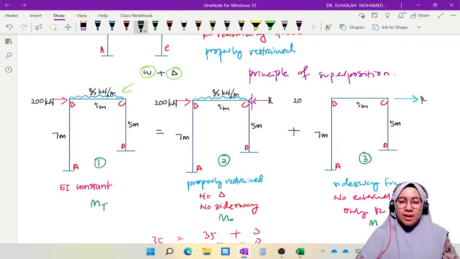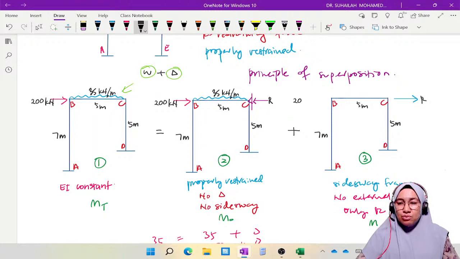We can calculate the value of FEM for member BC, because we know that W is 35 kilonewton per meter. That is for table number 1.